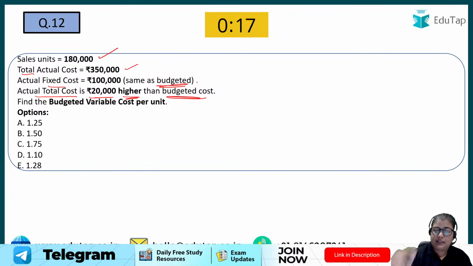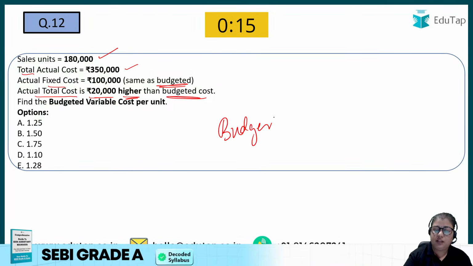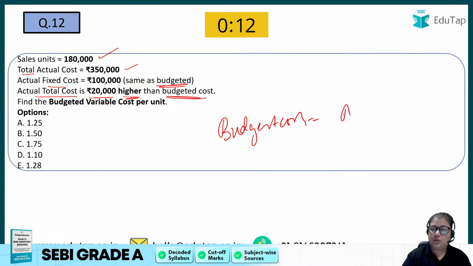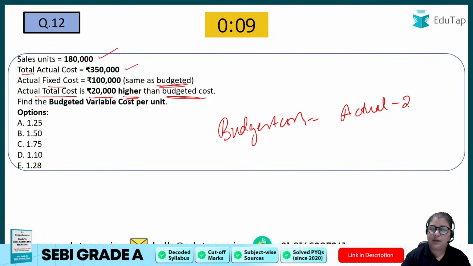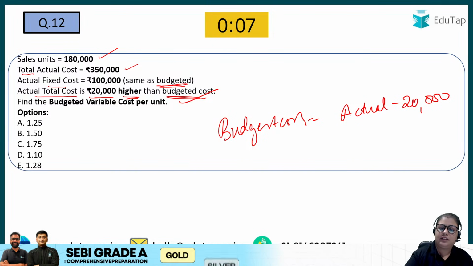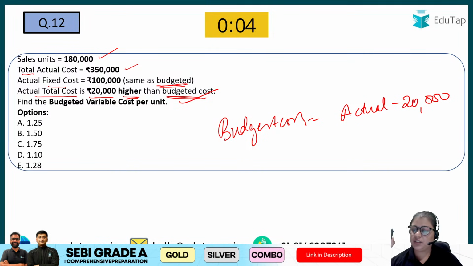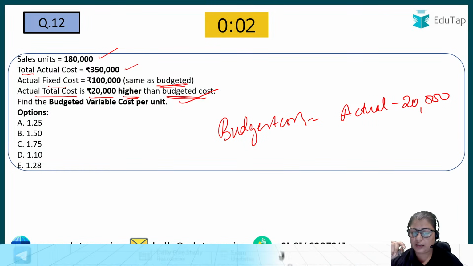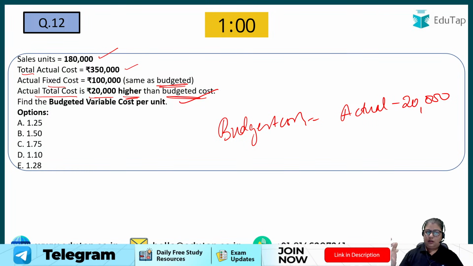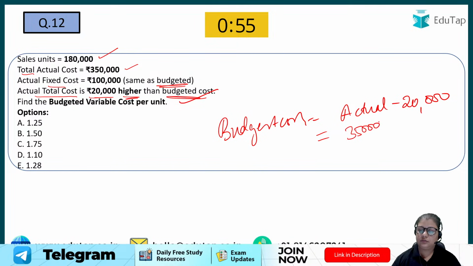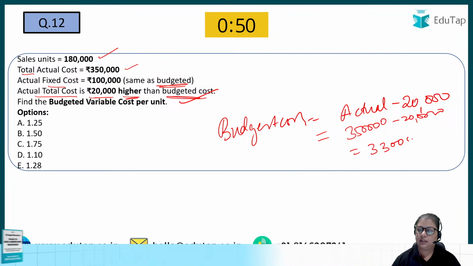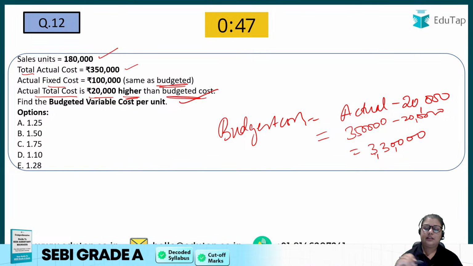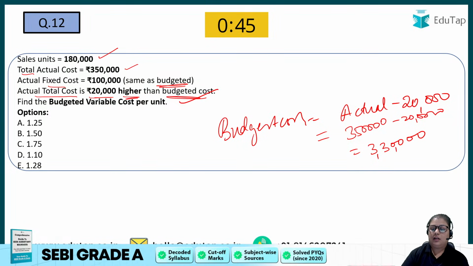So that means, can I say budgeted cost will be equal to actual minus 20,000. So can you derive this from here? Right? So the budgeted cost will be actual minus 20,000 because my actual cost is 20,000 higher. So that will be 3,50,000 minus 20,000. So that will give me 3,30,000. ठीक है? Right? 3,30,000 is my budgeted total cost.